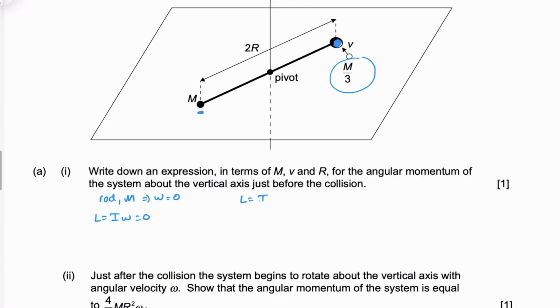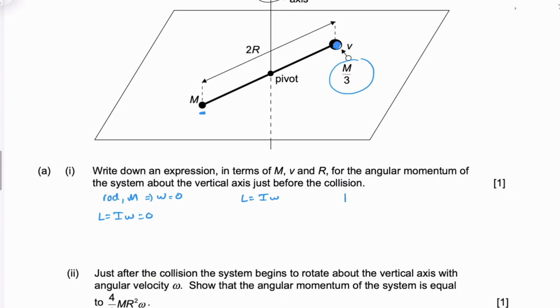L equals I omega. We can work out the moment of inertia of the mass using this equation here, which is in our data booklets, mr squared. The mass of the object is m/3, and r is the distance from the pivot, and in this case actually is r because the length of the rod is 2r. So our moment of inertia for the mass that's approaching this pivot is mr²/3.